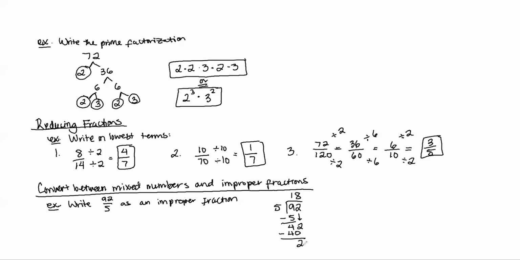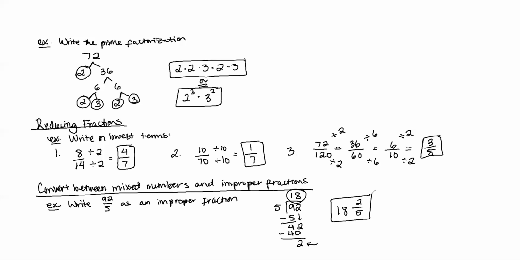And so this is our whole number on top. So we have 18. And then this is our remainder, and this is what's going to go on top of the fraction. So we get 2 over our original denominator, which was 5. So 18 and 2 fifths.